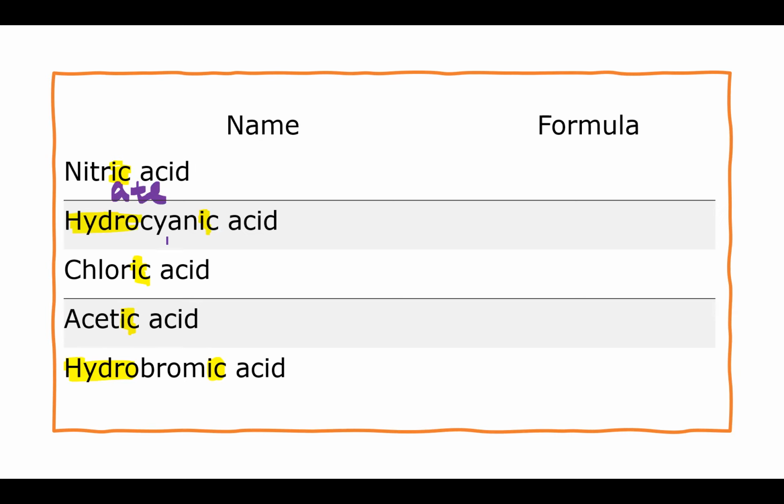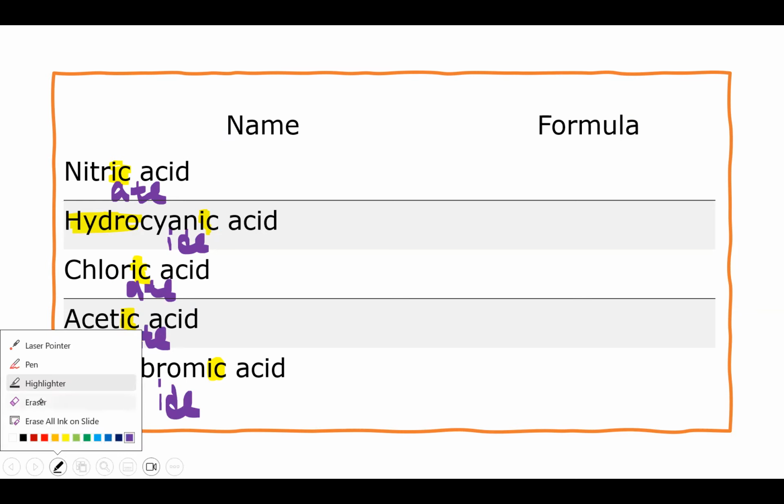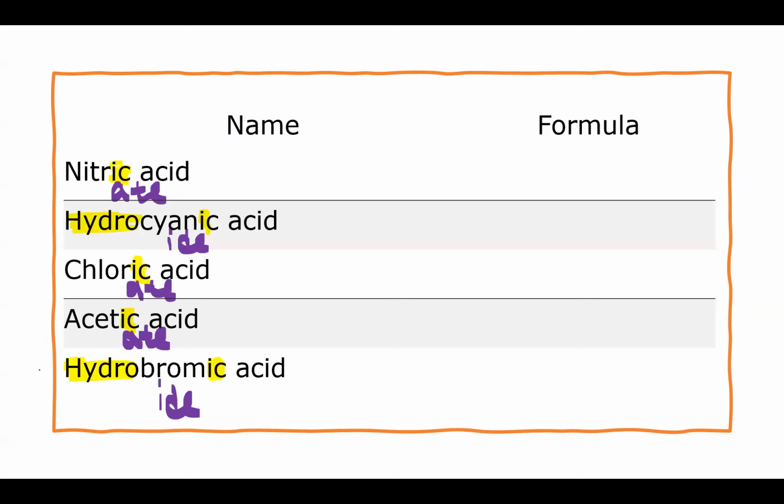If it is hydro-ic, it would have been "ide." In this case, we didn't have any examples of the ITE version where it was OUS. There are some other ones on your worksheet, but we're going to just revert back to what it was.